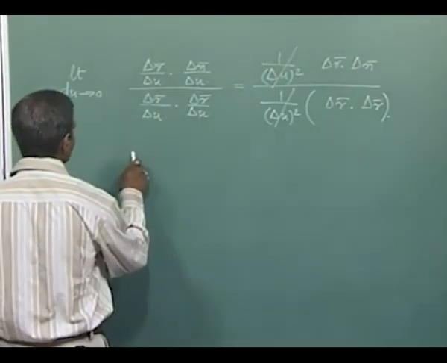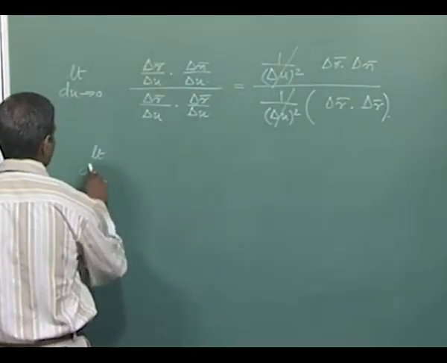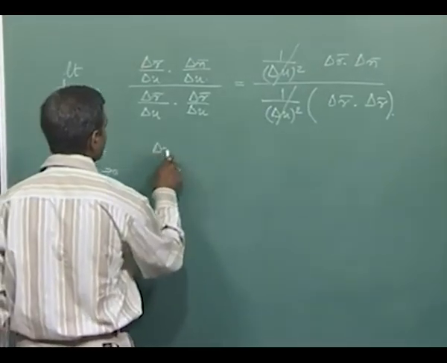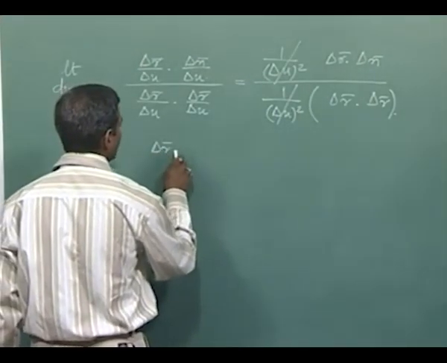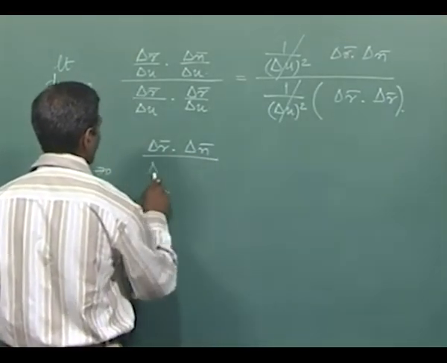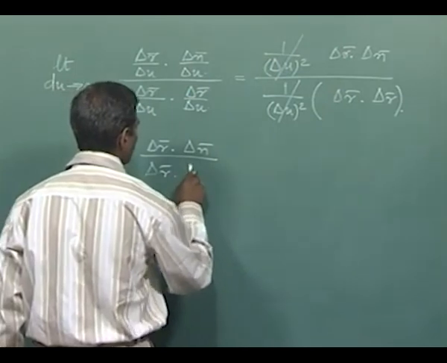So I'm left with limit delta u tends to 0, delta r dotted with delta n over delta r dotted with delta r.